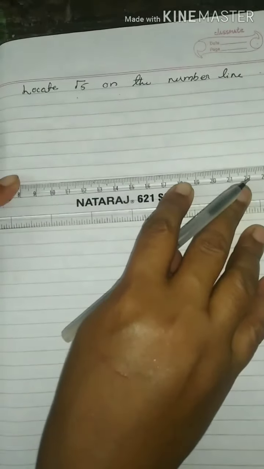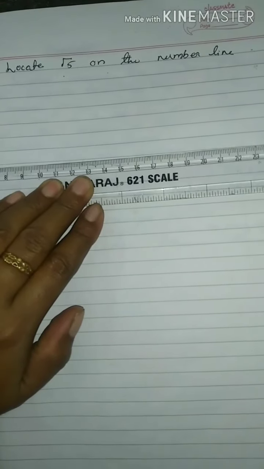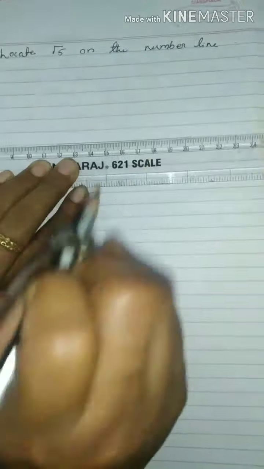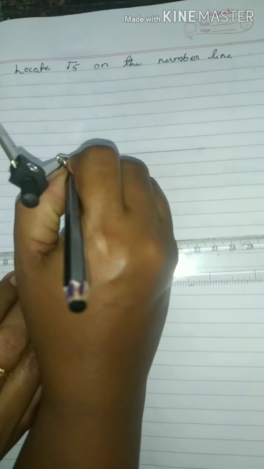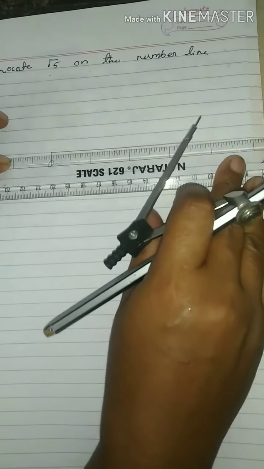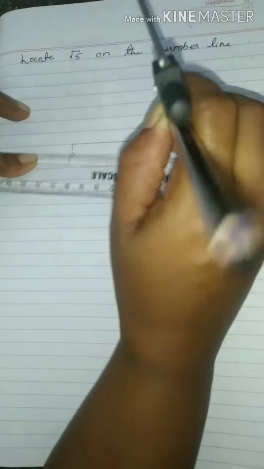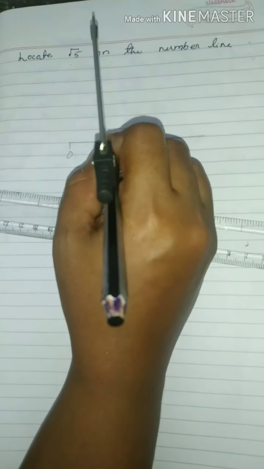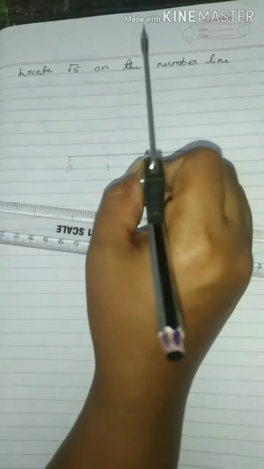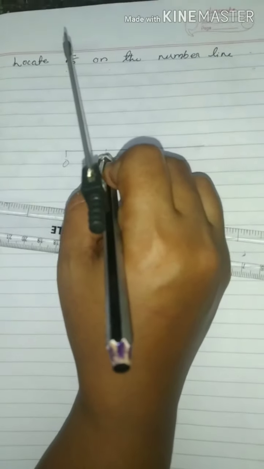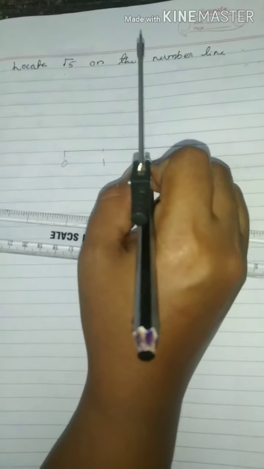In the same way, first you draw a number line. Then you take 2 units, 1, 2, 2 units.